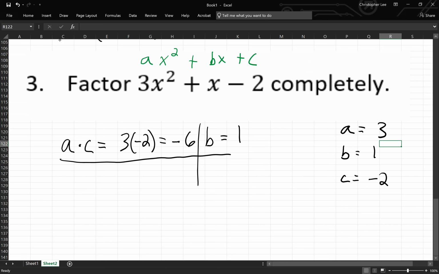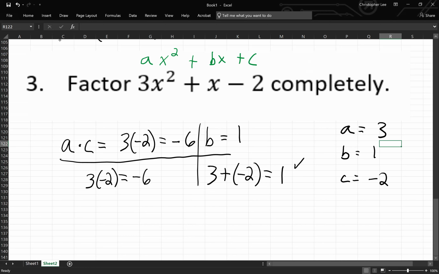I want two numbers that when I multiply them give me negative 6, but when I add them together give me 1. What are they? 3 and negative 2. Let's try it out. 3 times negative 2 is in fact negative 6, and 3 plus negative 2 is positive 1, so that checks out.